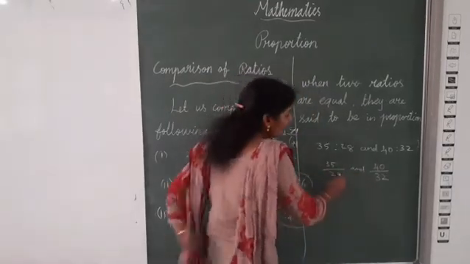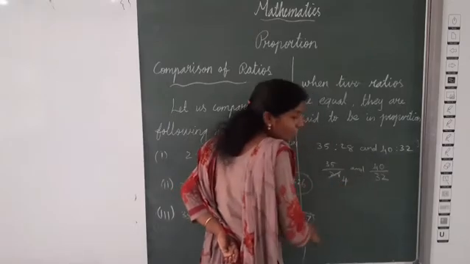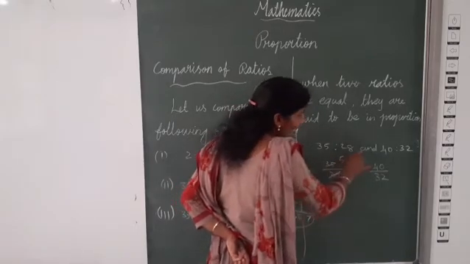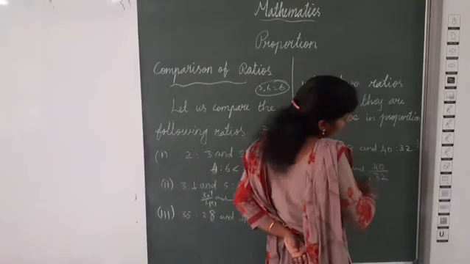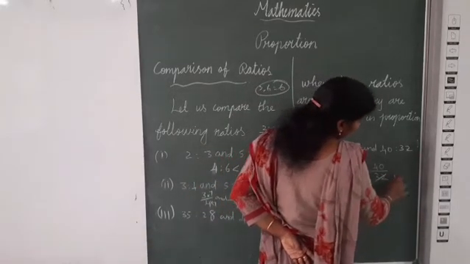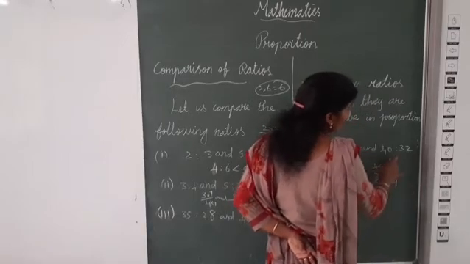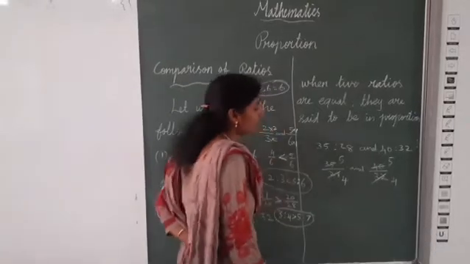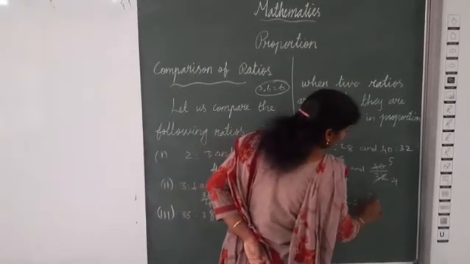Now we can cancel using the 7 table: 4 7s are 28, 5 7s are 35. Here we use the 8 table: 4 8s are 32, 5 8s are 40. Now 5/4 is equal to 5/4.